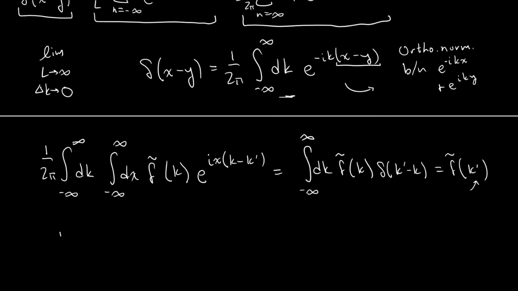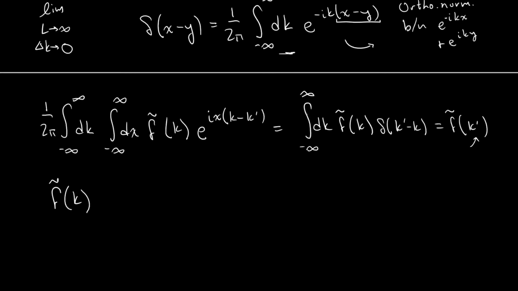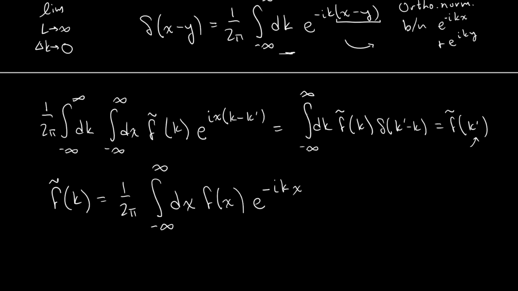So in other words, I can write this f tilde of k. I can use the right-hand side of this, multiply both sides by e to the minus i k prime x, and then integrate over x. I also need this factor of 1 over 2 pi. So f tilde of k equals 1 over 2 pi, integral from minus infinity to infinity dx f of x e to the minus i k x.